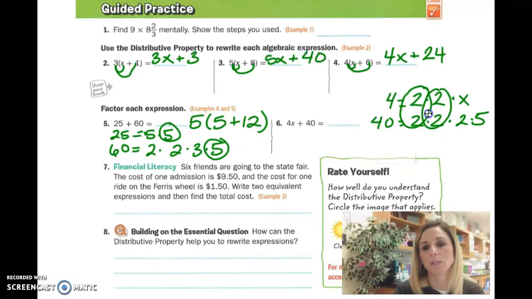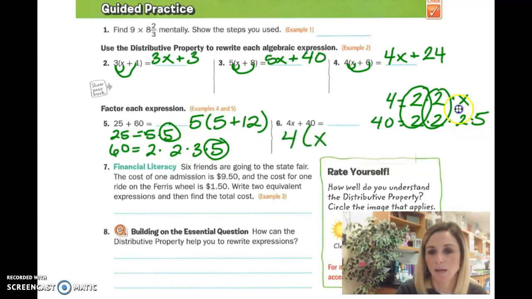They both have 2 2's in common, so 2 times 2 is 4, which means that my 4 is going to be on the outside. I'm left with my x up here, and I'm left with my 2 times 5, which is 10. When I prime factor, always double checking. 4 times x is 4x. 4 times 10 is 40.